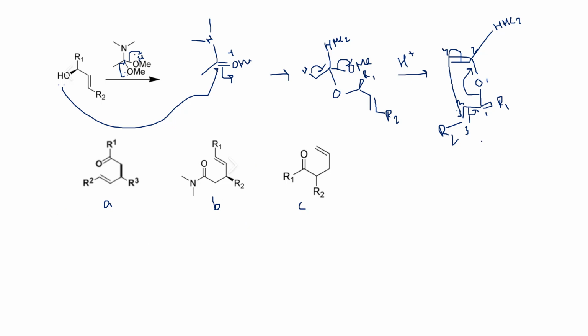So the product will be this one. So our product will be an amide. So the correct option is option B.